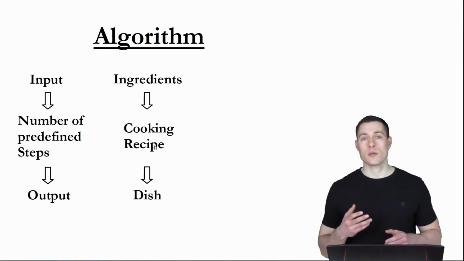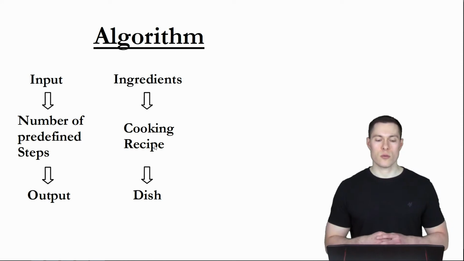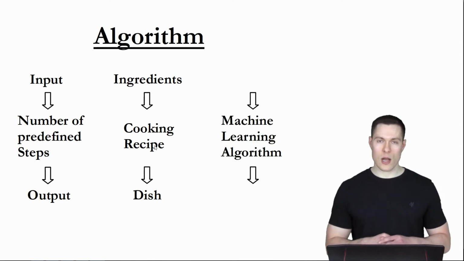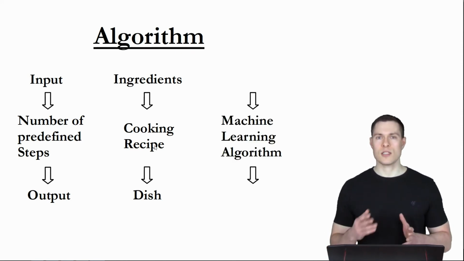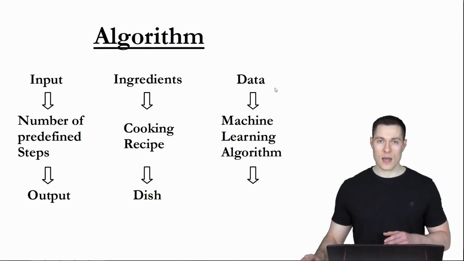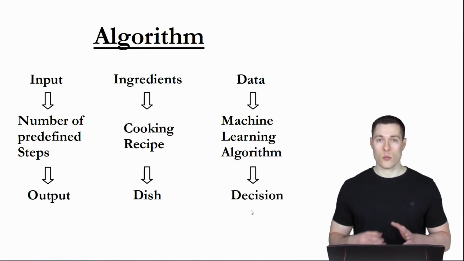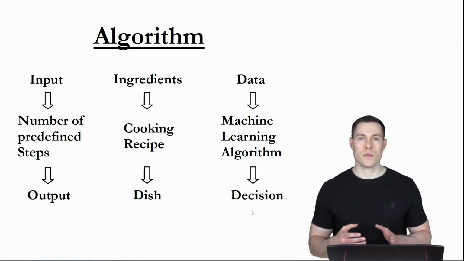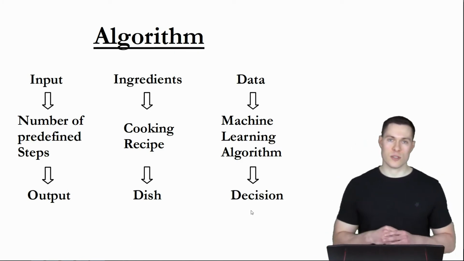So an algorithm in itself is something relatively trivial, but what makes machine learning algorithms so powerful, at least what I think makes them so powerful, is that they use data as input and they output a decision. And what the broader implications of that might be, I will discuss in the last video of this series.